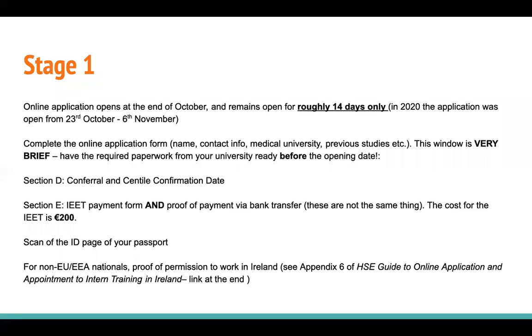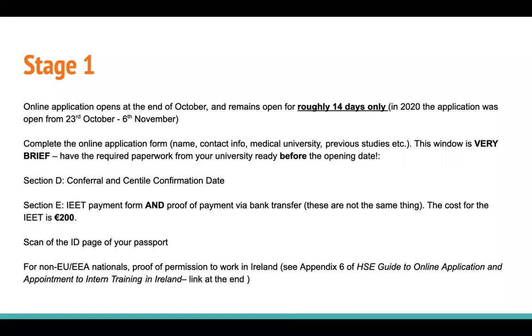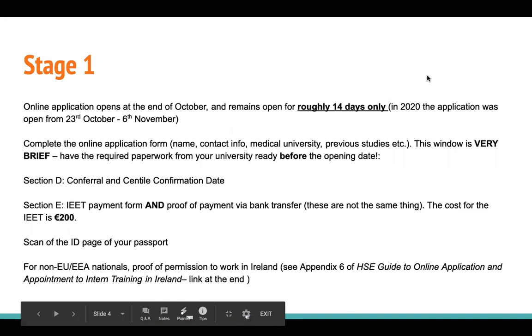Section E then is just the IET payment. We'll get more into what the IET is, but you just have to make a €200 payment. There's a form you have to fill out, which is Section E, about the payment. You must also include a screenshot or whatever else of the actual transaction done. When you are applying, all this information will be given to you step by step on what you need to do.